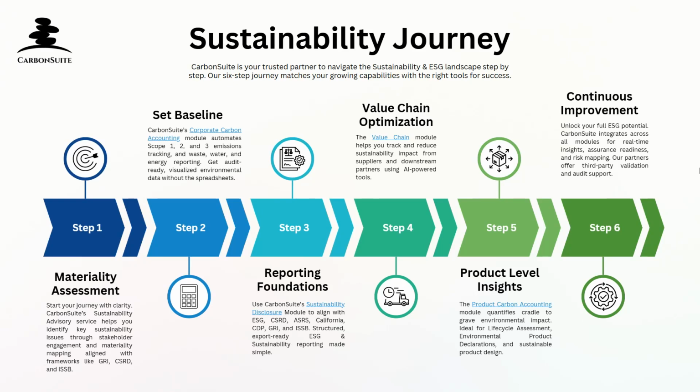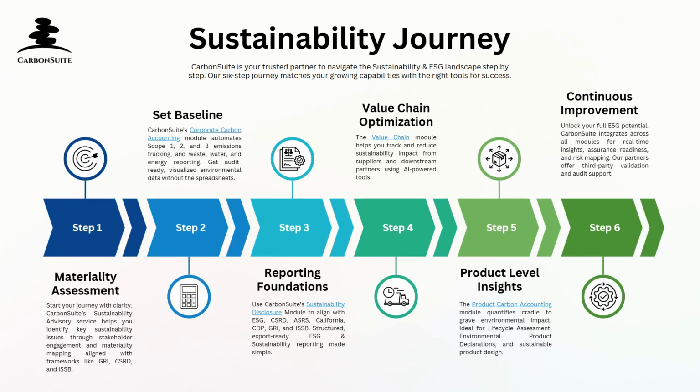The first step is typically a materiality assessment, and what this can do is give you an understanding of where you're at on your sustainability journey and allow you to understand if you're under any mandatory reporting requirements for reporting sustainability information.